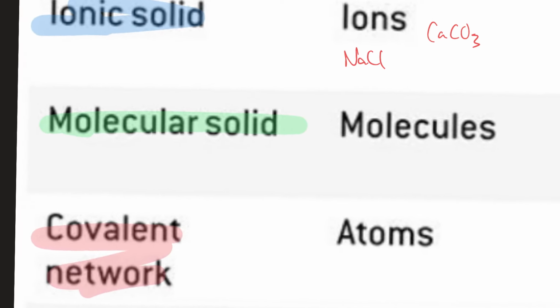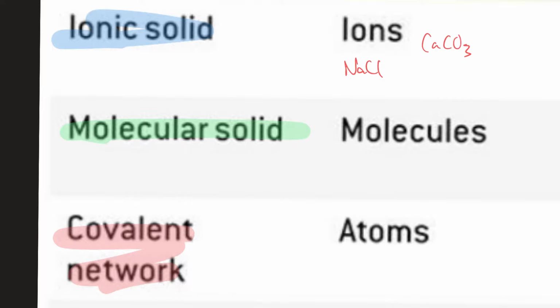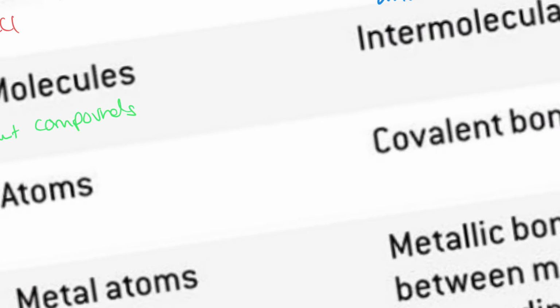Now let's look at molecular solids. Molecular solids are made up of molecules. So particularly we're talking about covalent compounds, really. Remember, covalent compounds consist of two or more nonmetals, specifically.